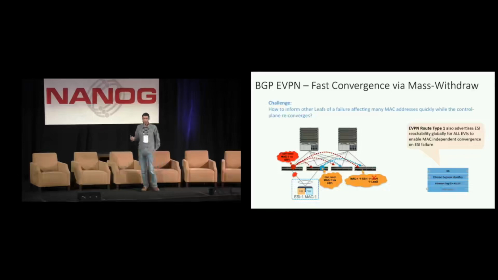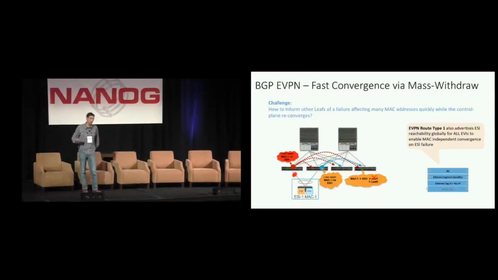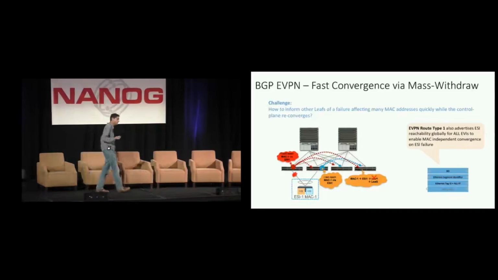This is accomplished via a mass withdrawal mechanism in EVPN, where each leaf advertises, in addition to what we saw with aliasing, where each leaf advertises ESI reachability within the EVI context, each leaf also advertises attached ESI reachability at a global level across all EVPN instances to all the leaves via a single route, which is again defined as an EVPN route type 1, Ethernet auto discovery route.